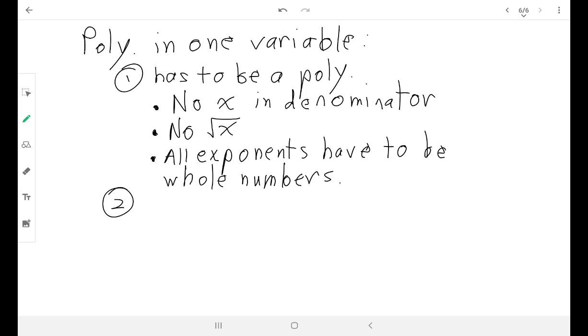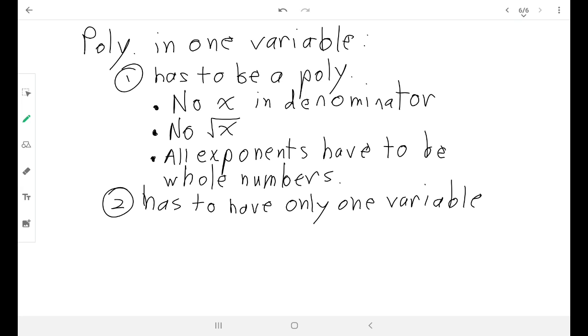The second part of being a polynomial in one variable is that it has to have only one variable letter. That is, it only has one letter involved.